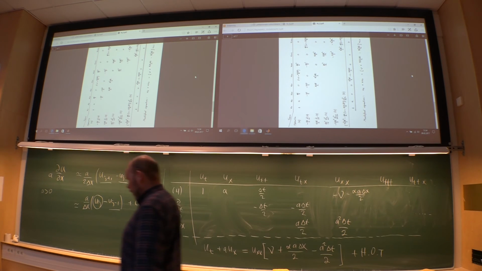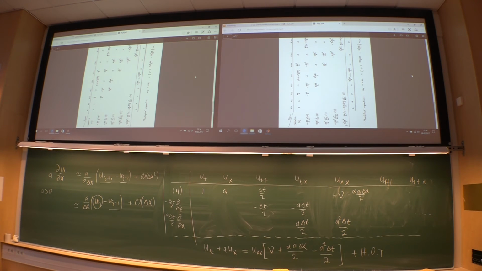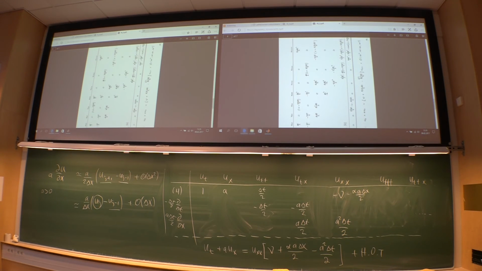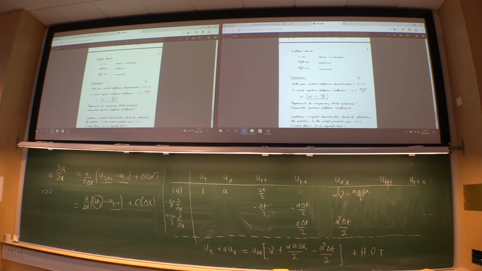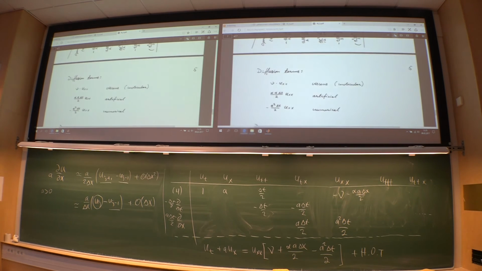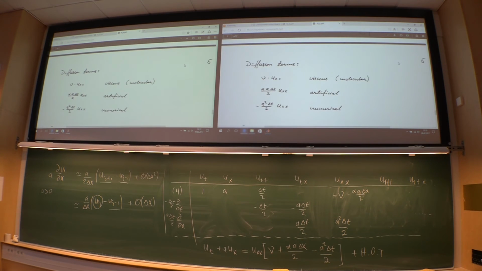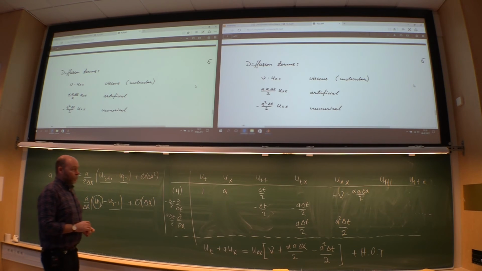There you have what I will call the modified equation. Let's see if I got it right. Yeah, looks okay. So we have three diffusion terms here, diffusion mechanisms.